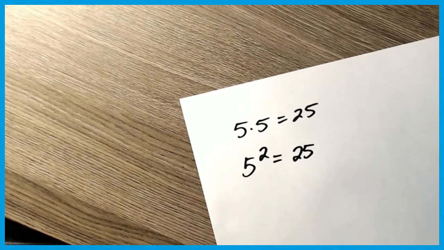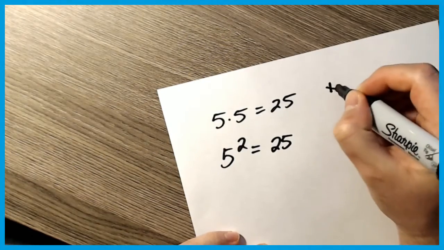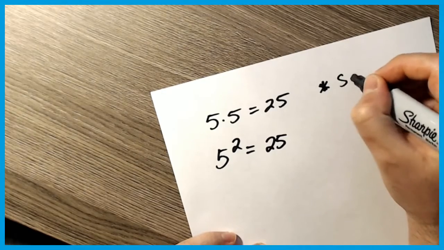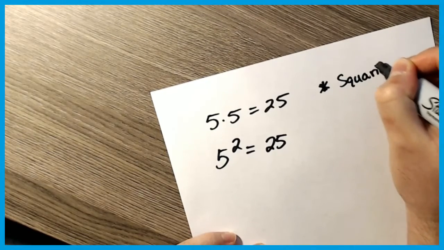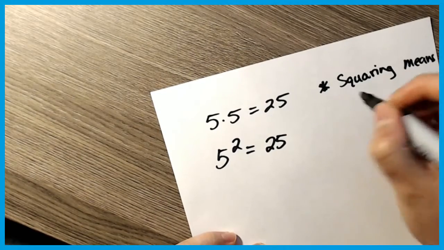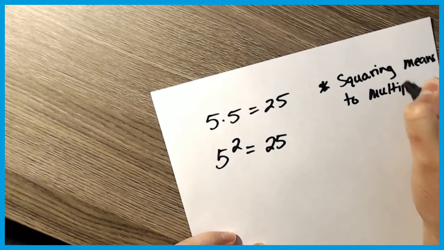So there's a couple things going on here. First, I'm just going to do a little asterisk over here. Squaring means to multiply a number by itself.